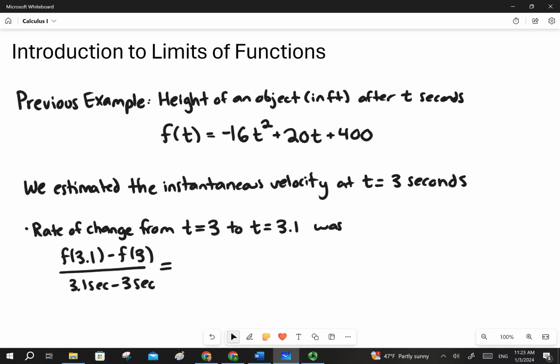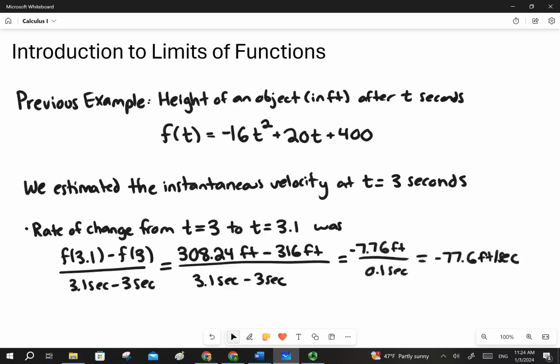The rate of change from t equals 3 seconds to t equals 3.1 seconds was f of 3.1 minus f of 3 over 3.1 seconds minus 3 seconds, which was 308.24 feet minus 316 feet over 3.1 seconds minus 3 seconds, which was negative 7.76 feet over 0.1 seconds, or negative 77.6 feet per second.